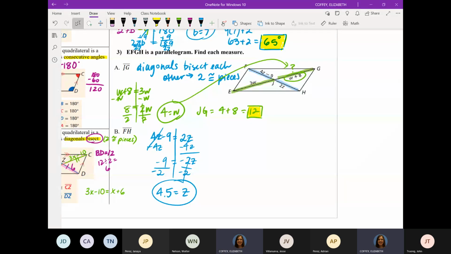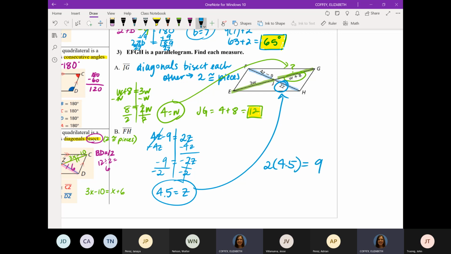And then last thing. Okay, guys, real fast. Make sure you're listening here. It's asking me for FH. FH goes from here all the way to here, right? So what do I have to do? I know I have to plug it in, right? But then I'm not done. What do I have to do after I plug it in? Multiply by 2. Very good. So I'm going to plug it in here to 2z because that's the easier one. 2 times 4.5 is 9.